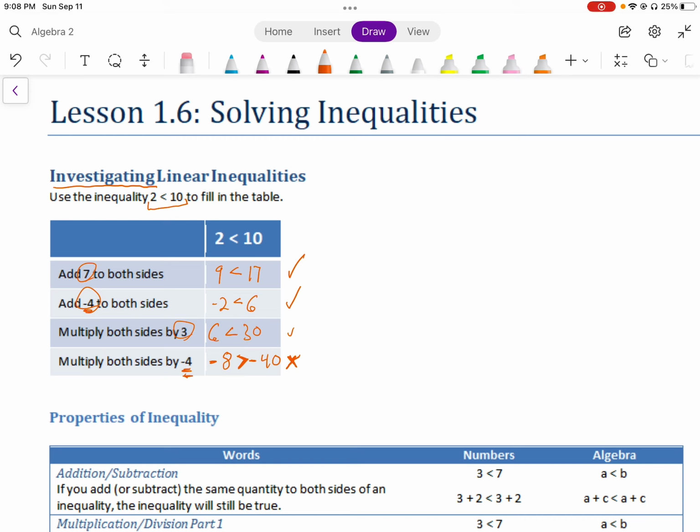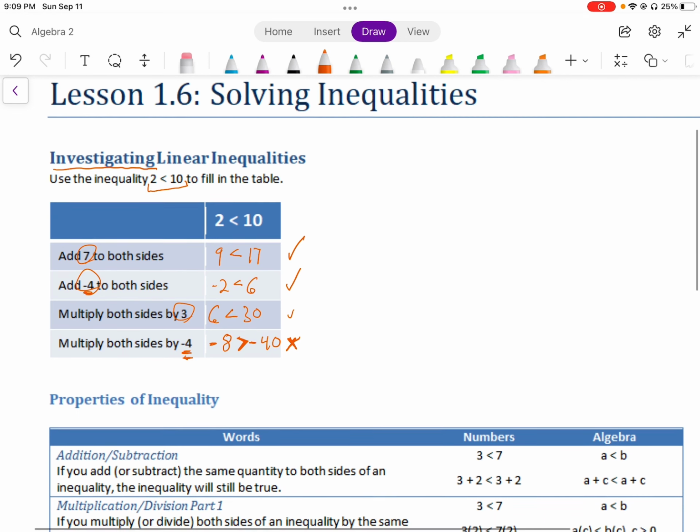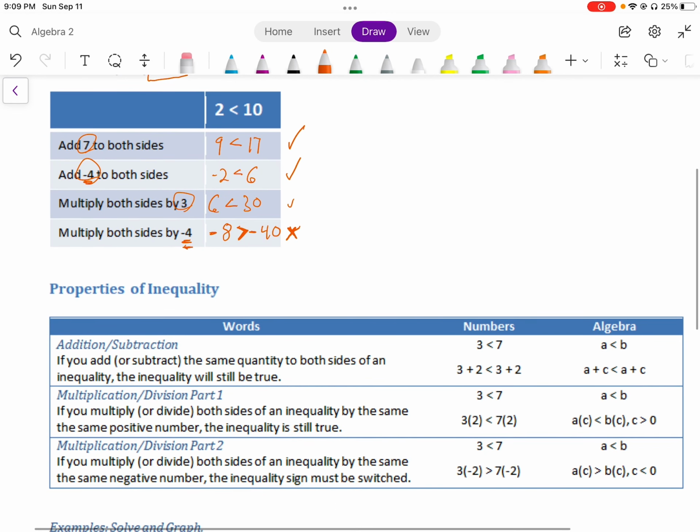So what we learn here is we can add or subtract anything from both sides of an inequality and it remains true. And if we multiply or divide both sides by a positive, it remains true. But if we multiply by a negative, it is not true. And so therefore what we do is switch the direction of the sign.